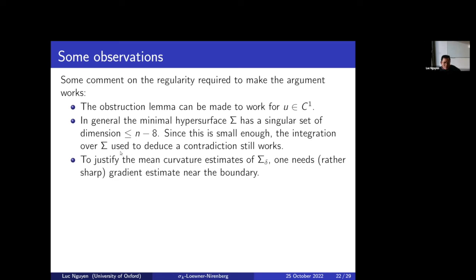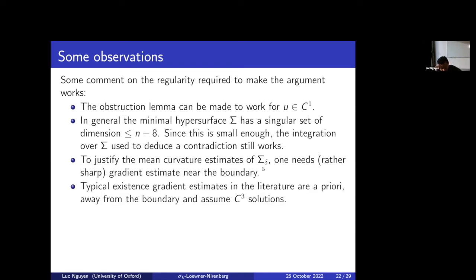Now, the main part of the proof is to justify the mean curvature estimate, to say that if we look at these surfaces as we move away from the boundary, the mean curvature of sigma delta is positive. And for that, we need a gradient estimate near the boundary.